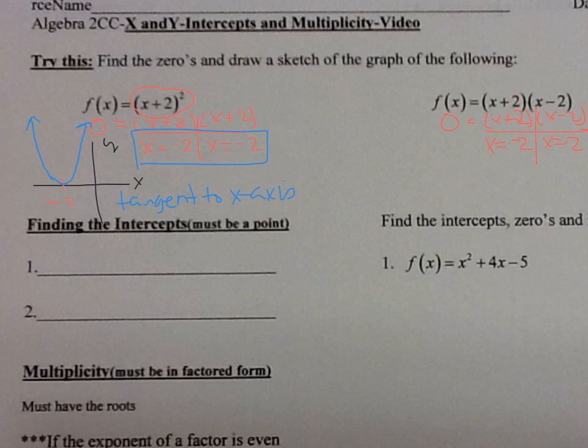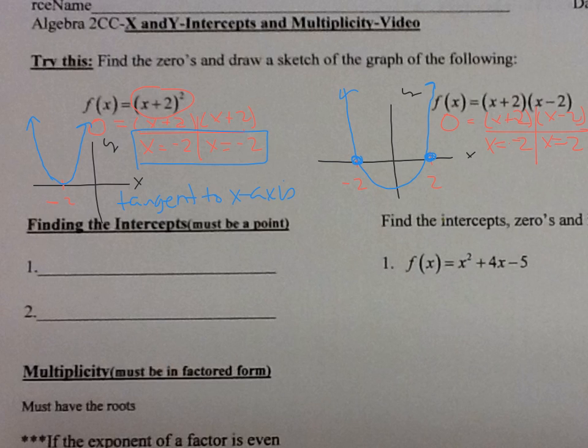All right, so you should have graphed this in the calculator. And when you hit graph, notice that your graph crosses at -2 and +2. So your graph looks something like this. Your parabola crosses at -2 and +2.